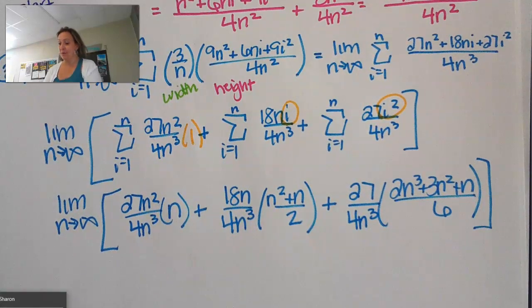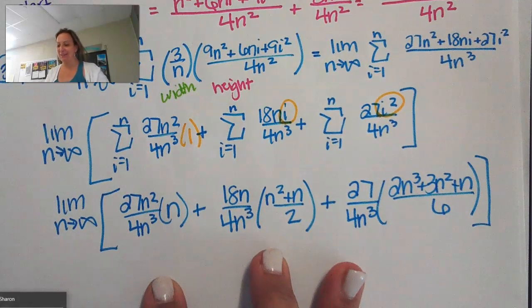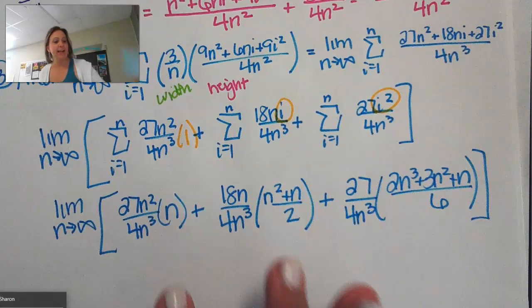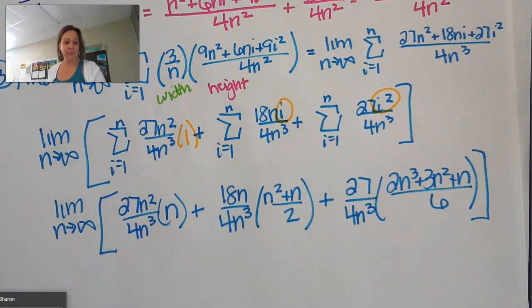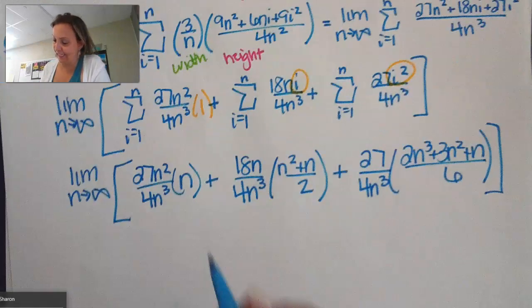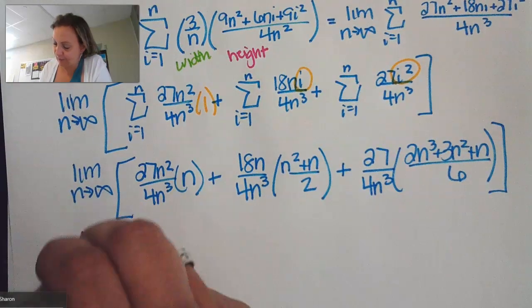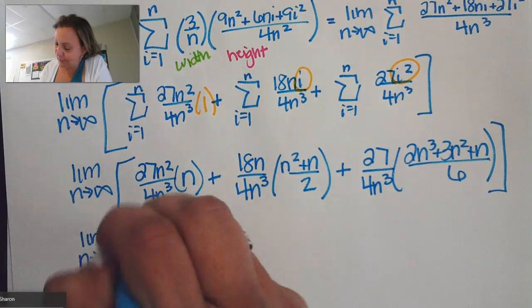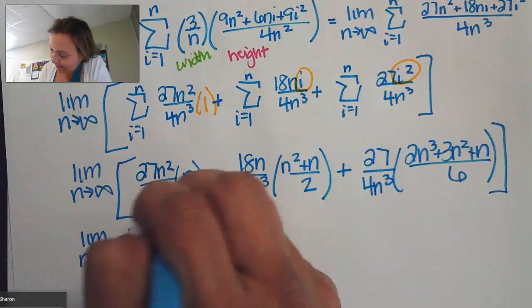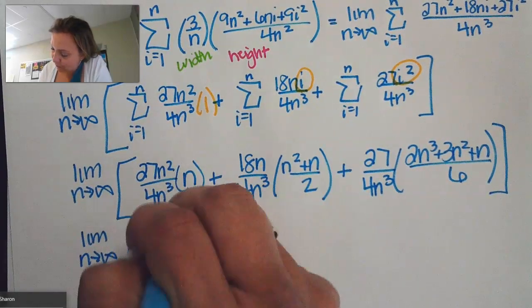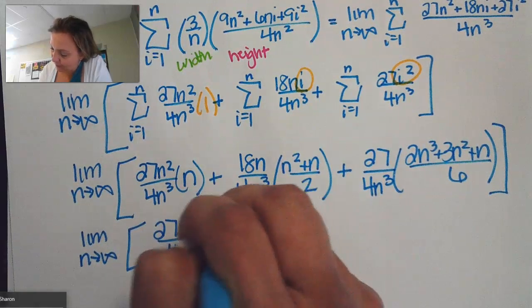Okay, so now the magic is done as far as using our summation properties and our formulas. And so now we're just going to look at simplifying each of the terms to clean it up a little bit. So this would give us 27n cubed over 4n cubed.